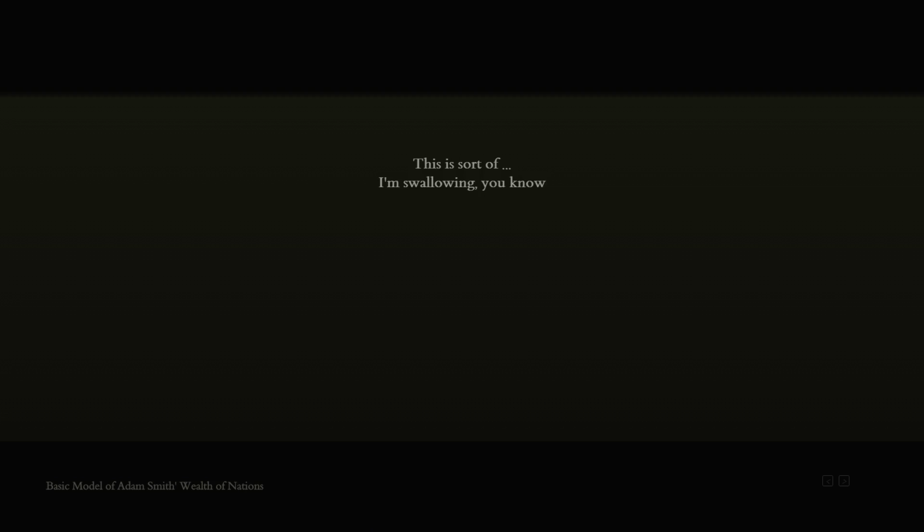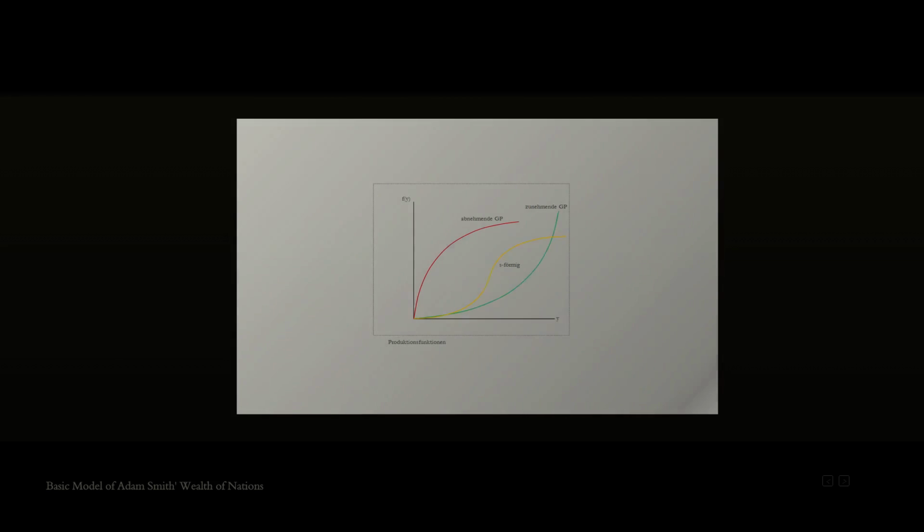I'm swallowing, you know. We're not stuck with this assumption. We can think of different production functions. The probably most likely production function is the so-called S-curved production function, meaning first we see increasing rates of return, which from a certain point of organization or from a certain size change into decreasing marginal productivity.